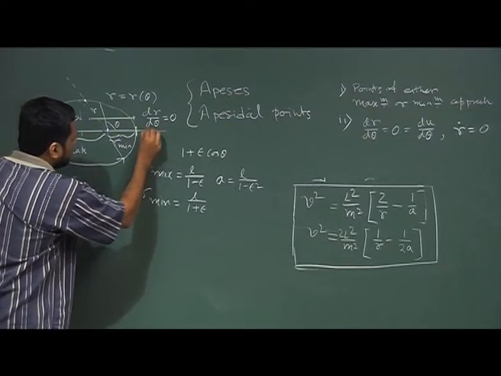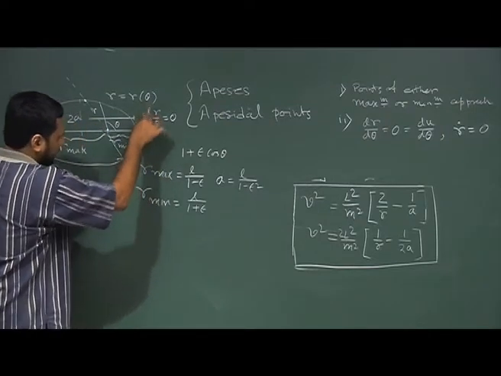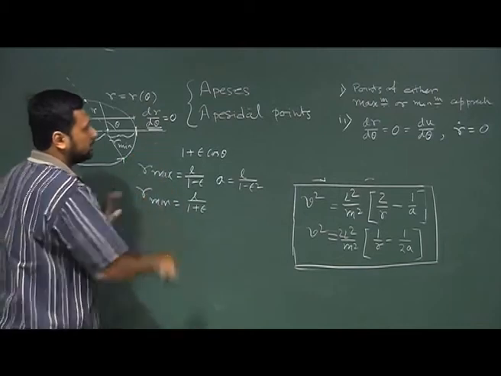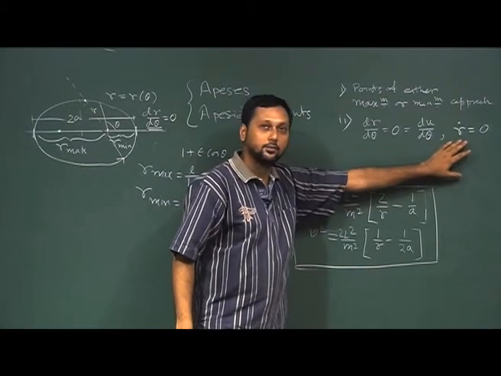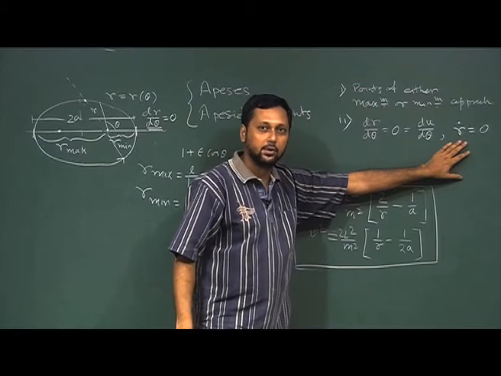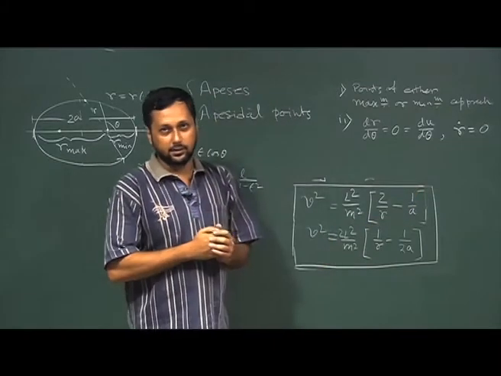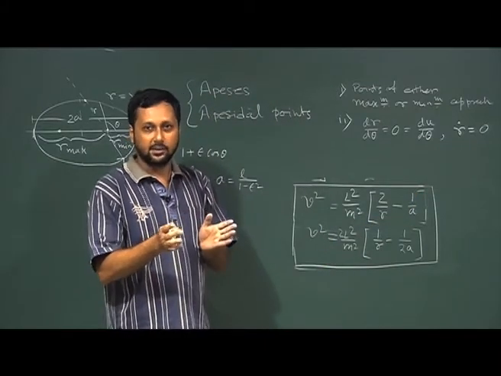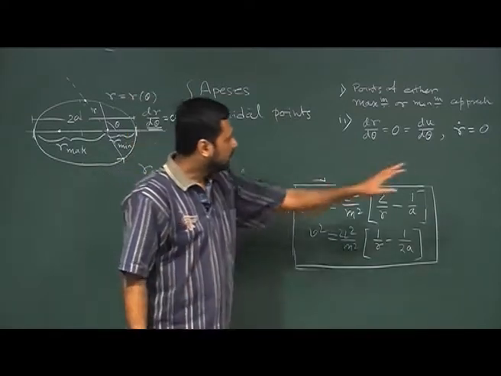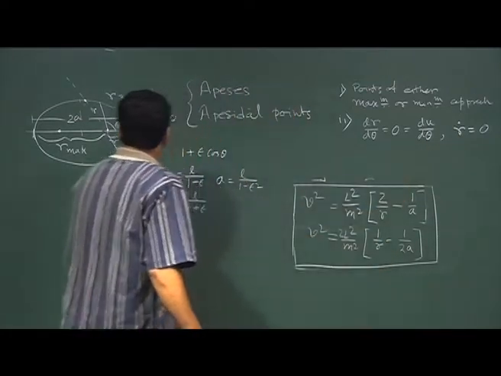So, not only the theta derivative of r will vanish, but also the time derivative of r has to vanish, because it is also an extremum point in the space-time trajectory, either a minimum or a maximum point, right. So, r dot will also vanish.